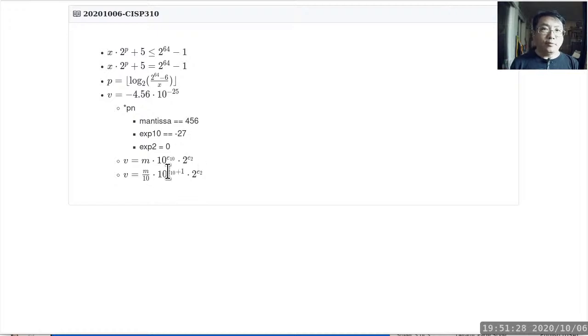So if you keep dividing the mantissa by 10 and you say, oh, we just have to do it 27 times, what happens when you divide 456 by 10 27 times? Well, you don't need 27 times, you just need like 3 times. What do we end up with when we divide 456 by 10 as integer division 27 times? 0, yes.